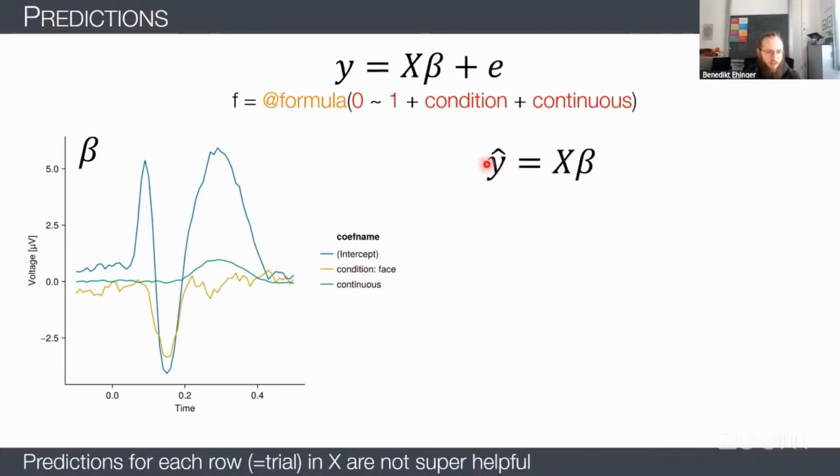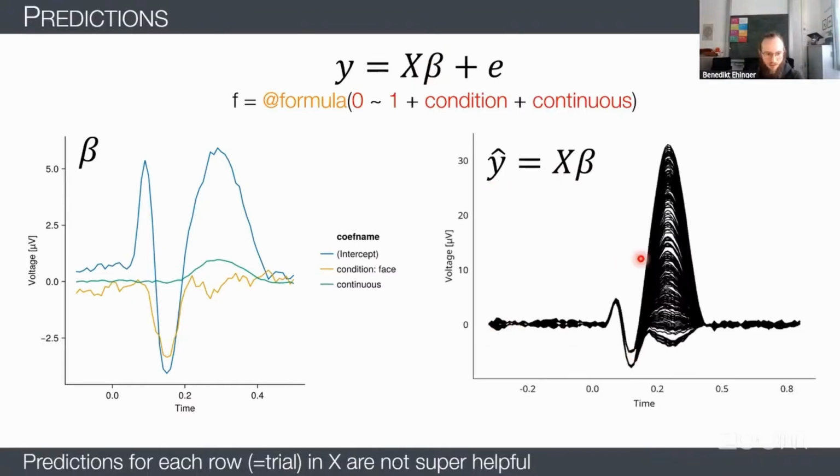What we can do is a prediction. So now we get a small hat, because it's predicted EEG data. Here we had this error term, right? So this is the real data, and predicted data is just without the error. For each of the trials, we can back-calculate what the model thinks the trial looks like, and it would be something like this. This is how the model thinks each trial in a certain data set would look.